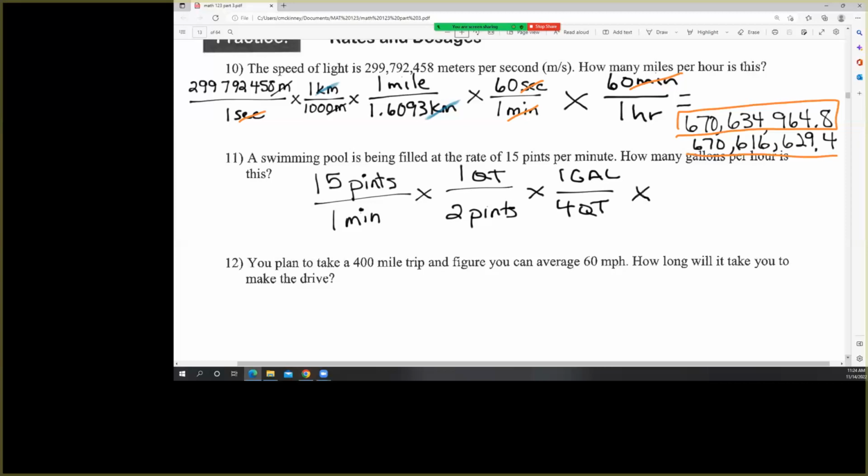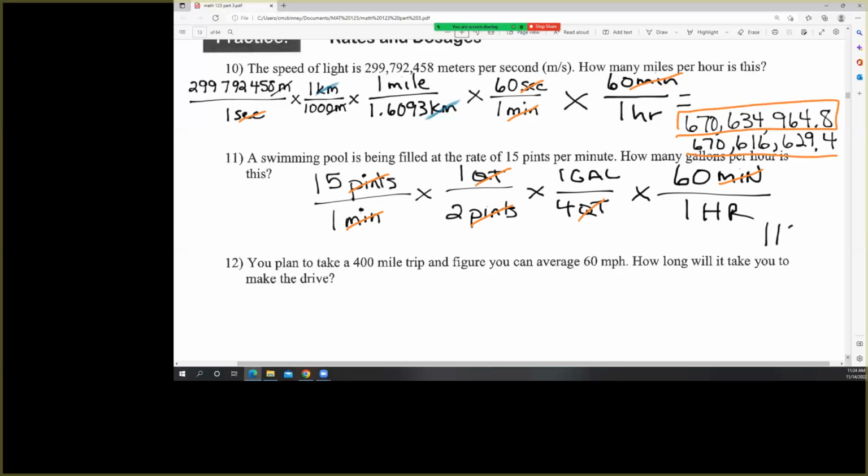And then it was minutes on the bottom. We want to get rid of the minutes, so 60 minutes, and we want to be per hour, so hour on the bottom. Before I start doing my math, I'm going to check that the labels I want to get rid of cancel, and that I'm left with gallons over hours.